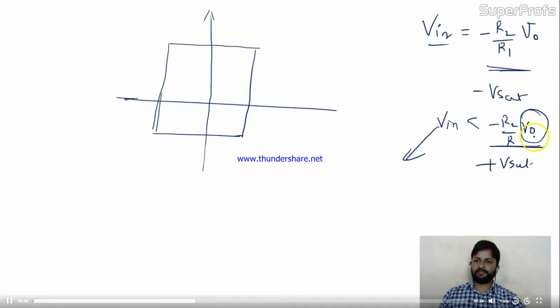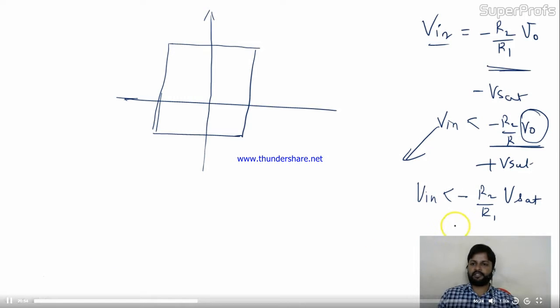V naught is plus V saturation, right? And in this condition it will switch to minus V saturation. So V in should be less than R2 by R1 of this V sat, minus of this. Correct? So this is the condition. Your output will come from plus V sat to minus V sat.